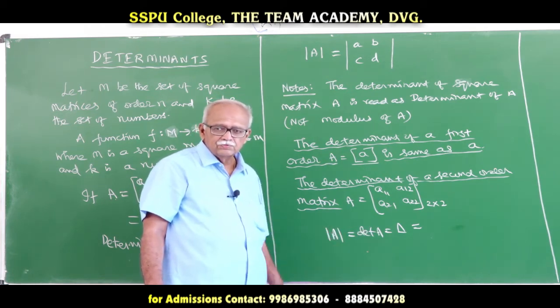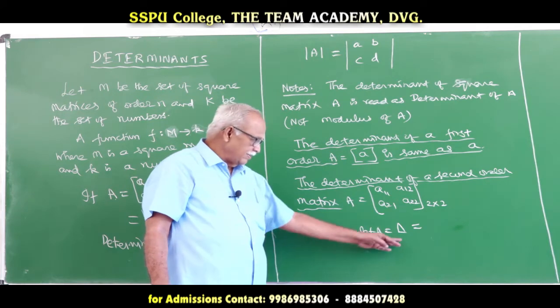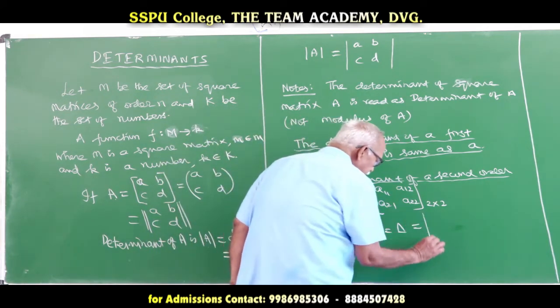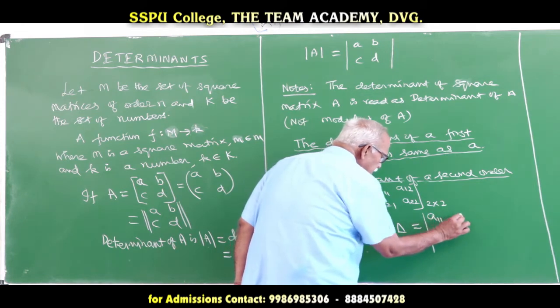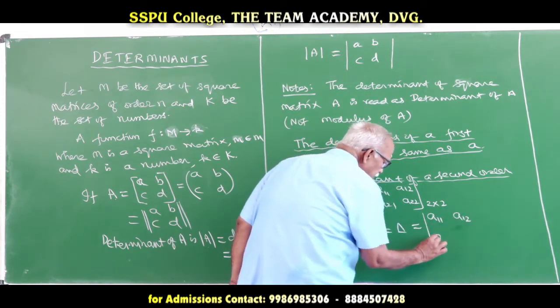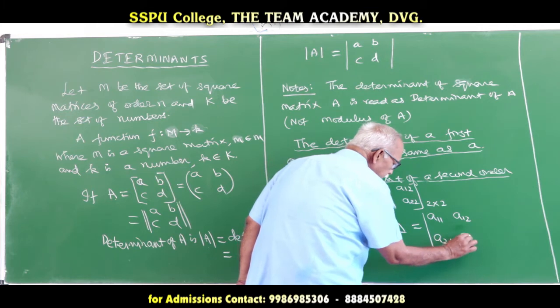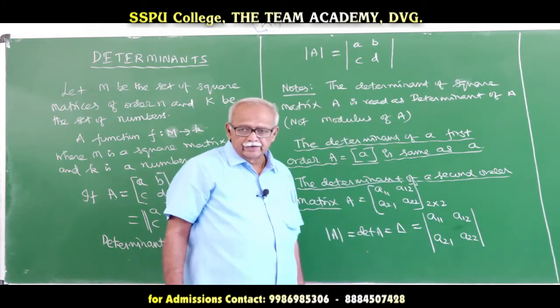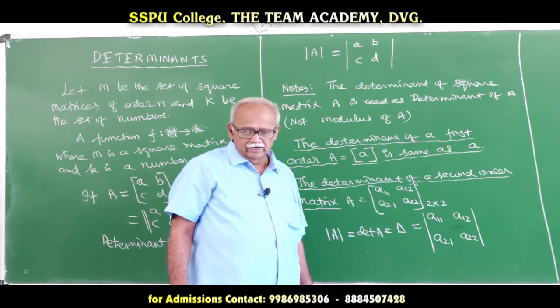Here delta is used for determinant. Now I will write the determinant a11, a12, a21, a22 between two vertical lines; if we write it like this, it is a determinant.